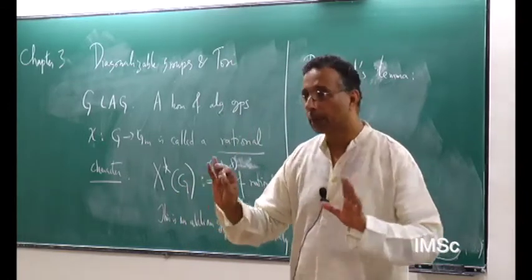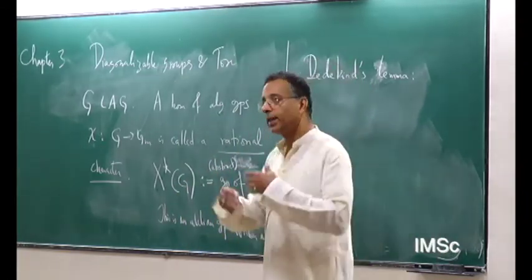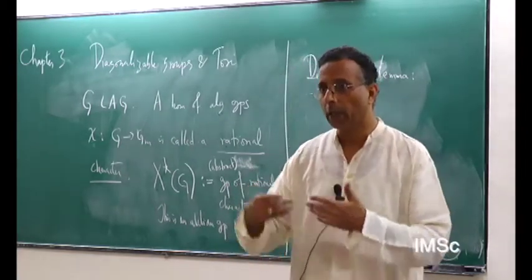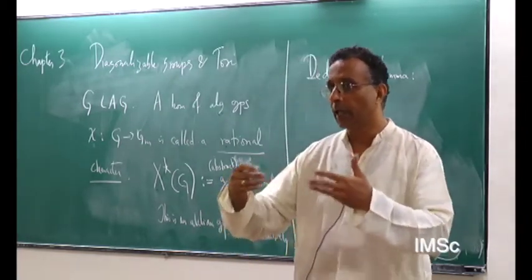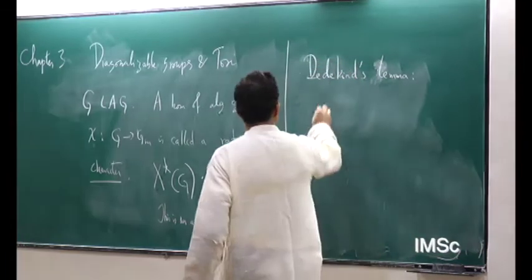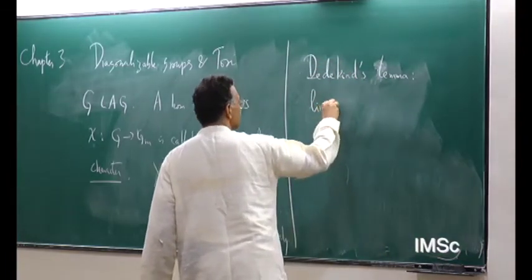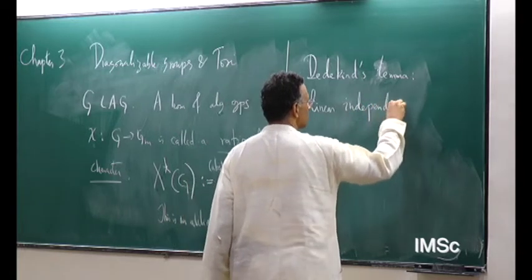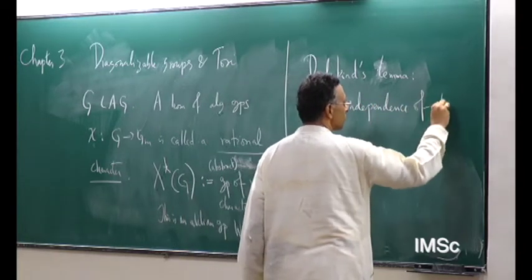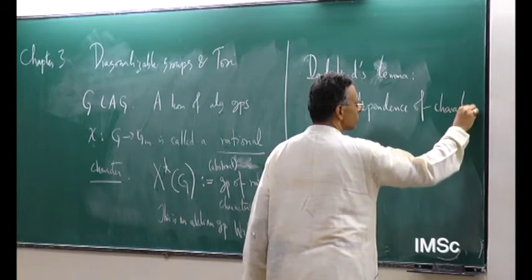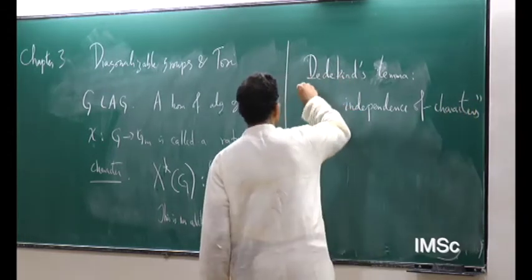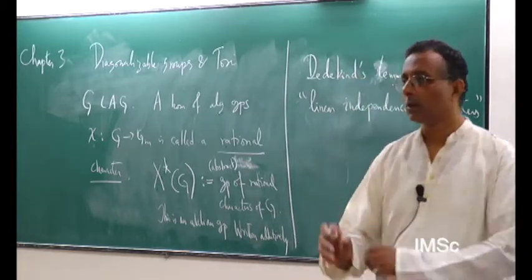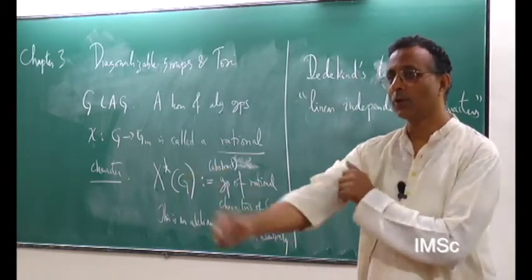It goes by the name of linear independence of characters. Let's give it a name, because that's what it's proving. Linear independence of characters. It's one of those beautiful statements.